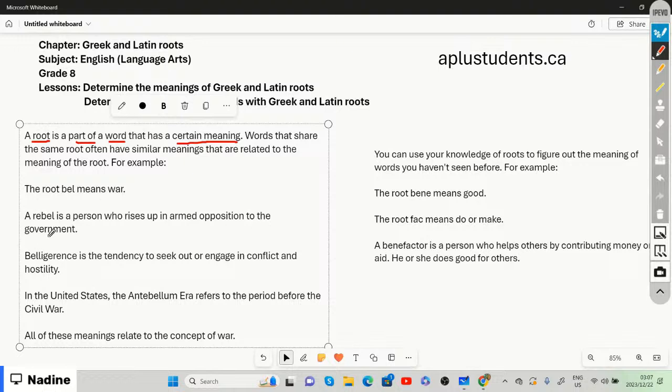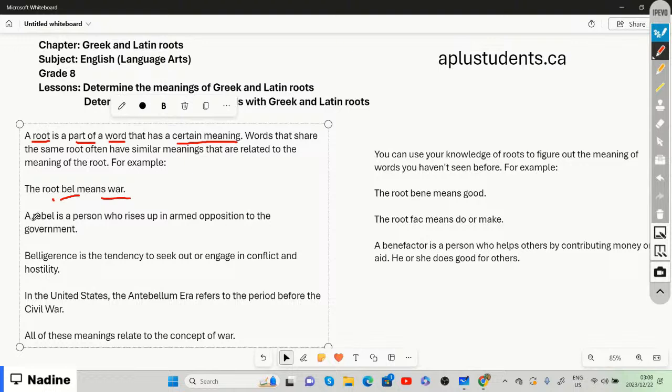For example, the root bell. So the root bell means war. Now we're going to show how this root is a part of certain words. A rebel is a person who rises up in armed opposition to the government.